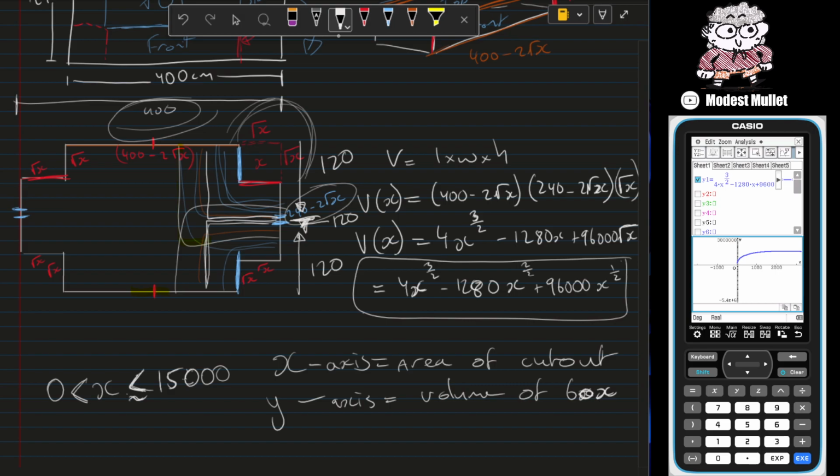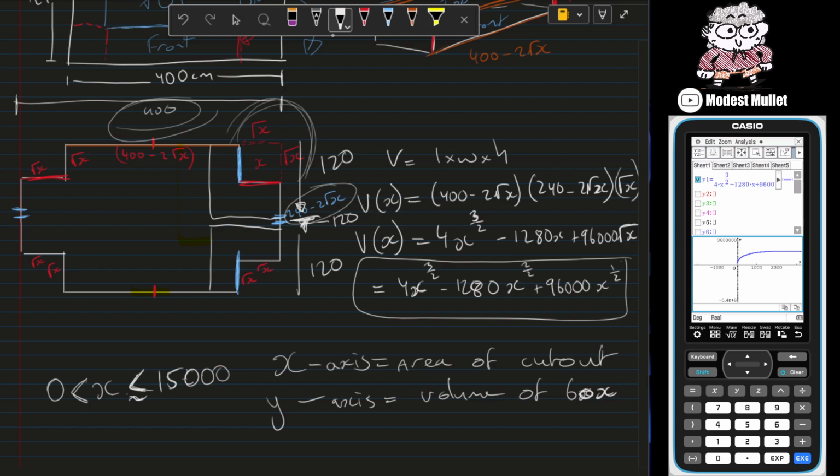If both the cutouts are exactly 120 wide, well, the box ends up just getting cut off and I've got nothing in that midsection. If my width of the cutout is a little bit less than 120, well, I'm going to get this situation, which is completely fine. It's going to be a very, very narrow box, but it is technically completely fine.